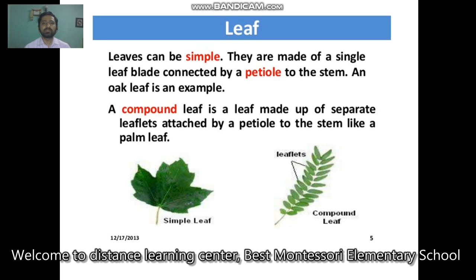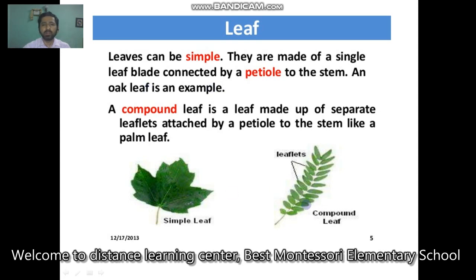Now the types of leaves, structures of leaf, margins of leaves. Let's move to the part leaf. Leaf, first types of leaf, either simple or compound. In the first picture we can look at the simple leaf. A simple leaf consists of a single blade. You can see the single blade, and it is connected to a petiole actually.